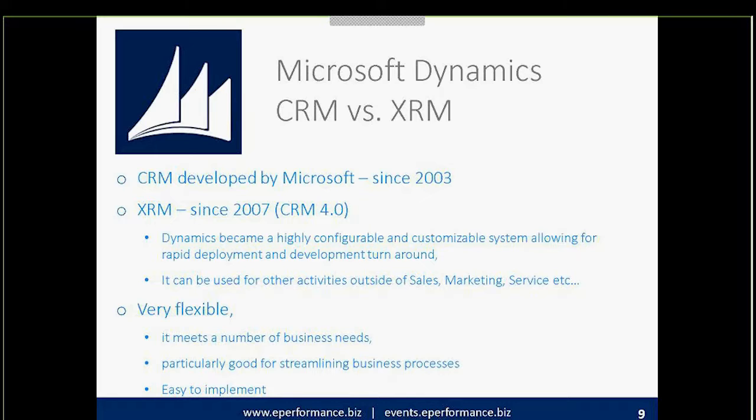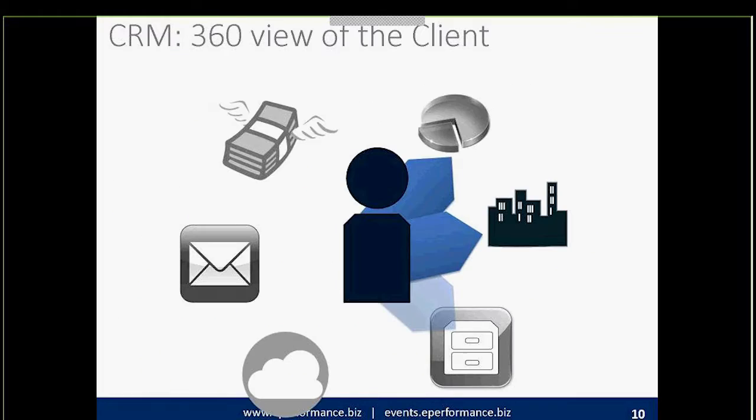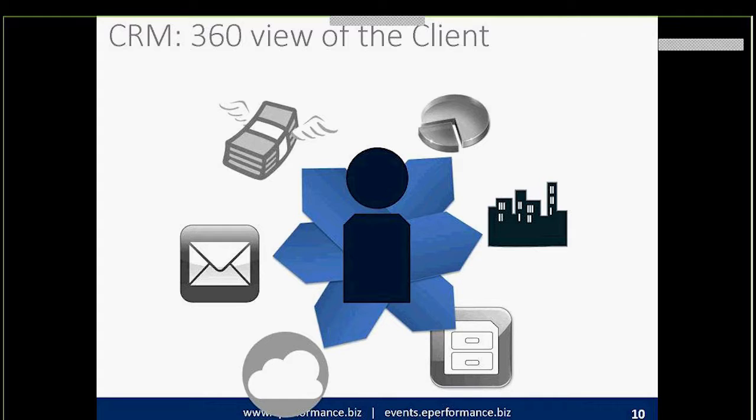So, orienting ourselves in terms of how the system is designed, CRM provides a 360-degree view of the client. The idea is that because you're doing sales or something key in that respect, you put your client at the center of all the interactions that you do, and you link them together logically.